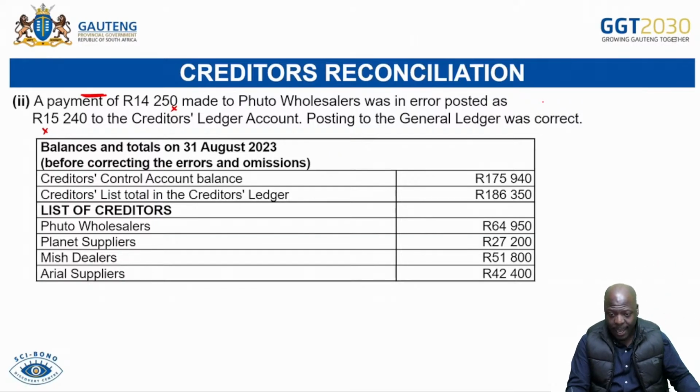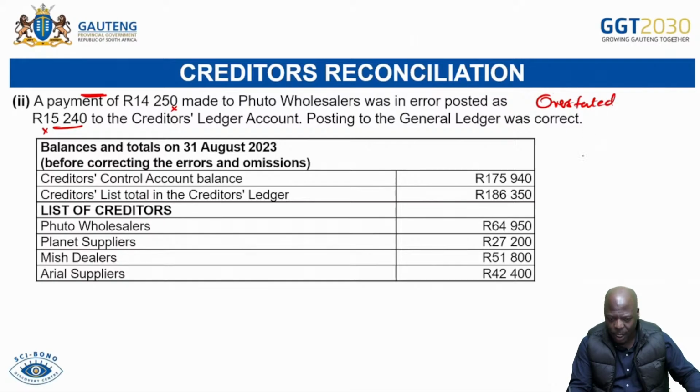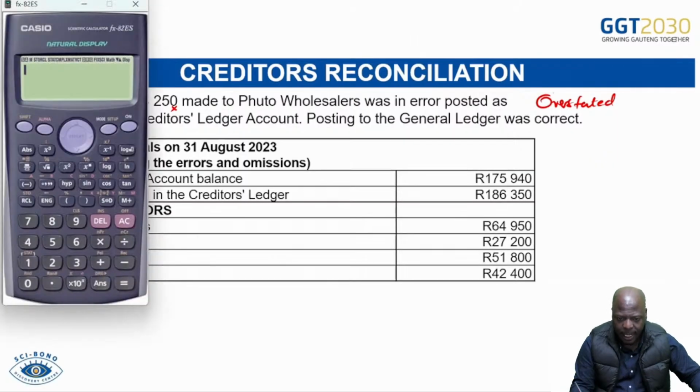So in this case, they might not have recorded it as over, but you know that it was supposed to be 14,250, but we recorded 15,240. So we recorded over. So this one was overstated. All right. So what do we say? We say my amounts. How much? Let's get the calculator.